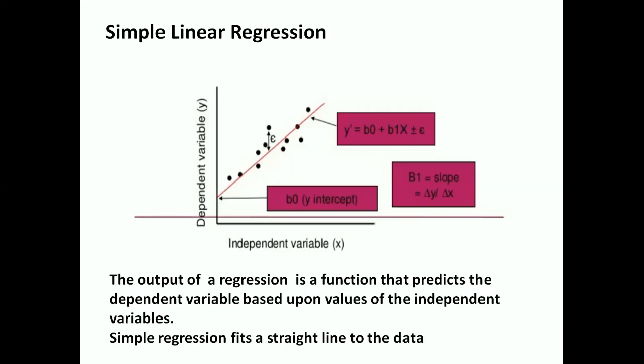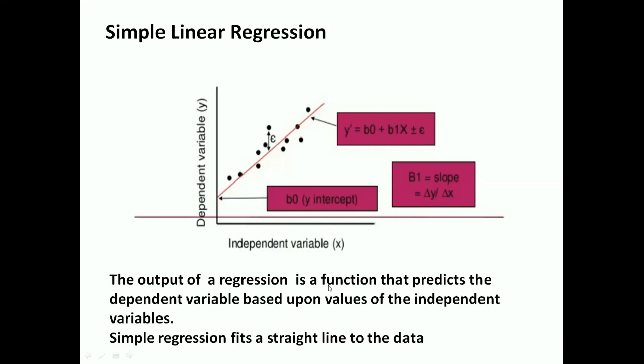How weight is dependent on SBP, that relationship we want to find, and plus minus epsilon is the error term. So B naught is the intercept, that is the constant value, and B1 is the slope, that is delta y upon delta x.